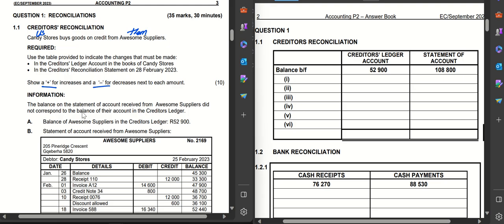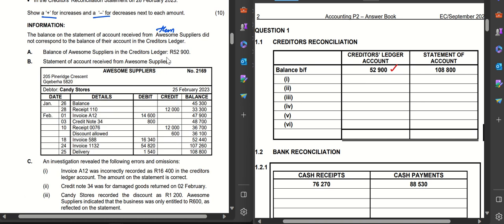The information: the balance on the statement of account received from Awesome Suppliers, that is them, did not correspond to the balance on their account in the creditors ledger. Remember, we do the ledger, they do the statement. Balance of Awesome Suppliers in the creditors ledger 59,200, and you can see here it is already put in the answer book. Statement of account received from Awesome Suppliers.